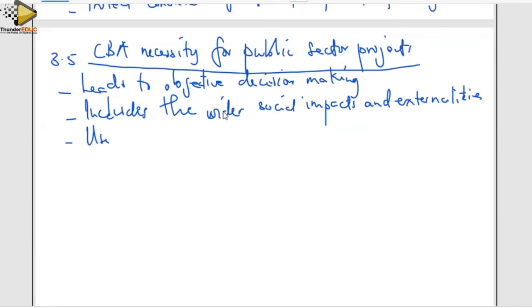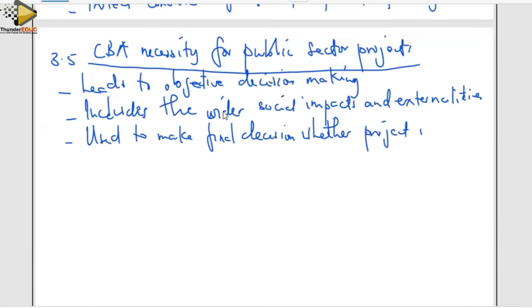And also it is used to make the final decision whether a project should be done or not.